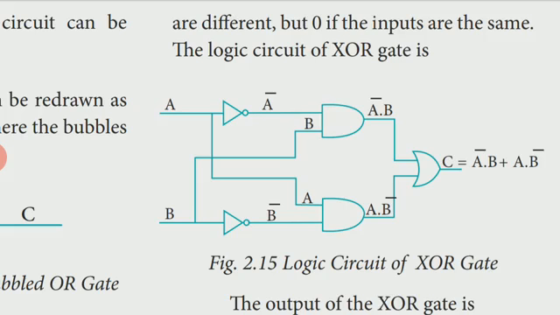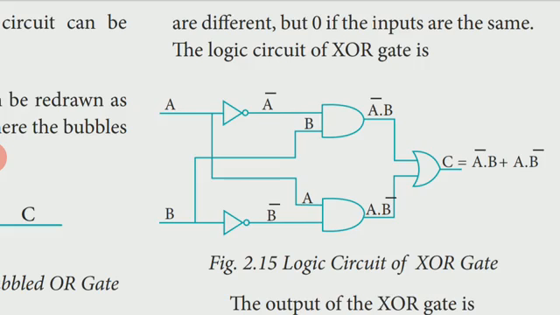That is, A is also going to be used, and A complement is also going to be used. Here there are 2 variables, so we have 2 complement variables, A complement and B complement.